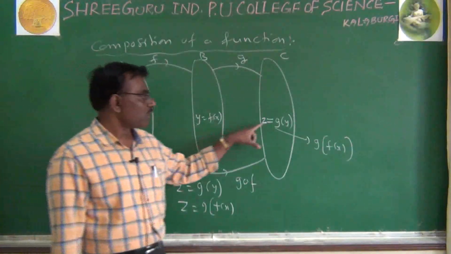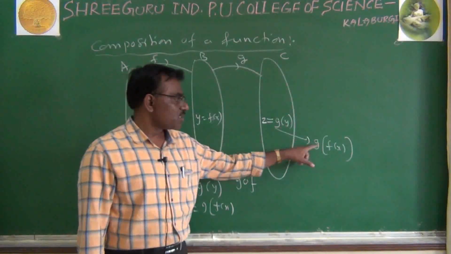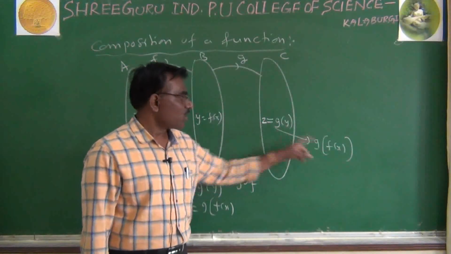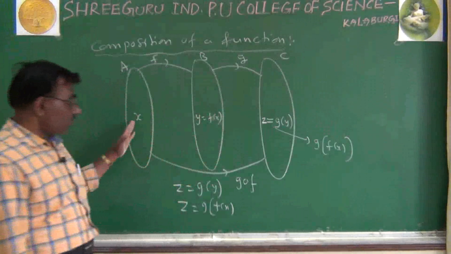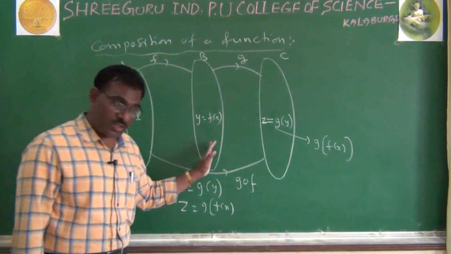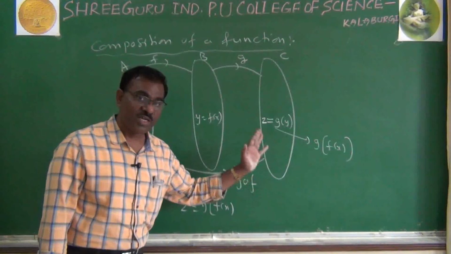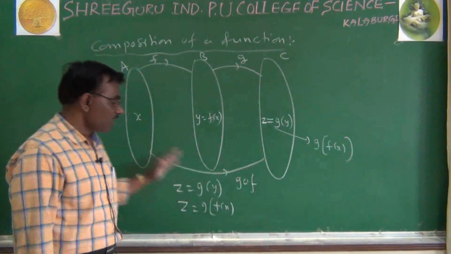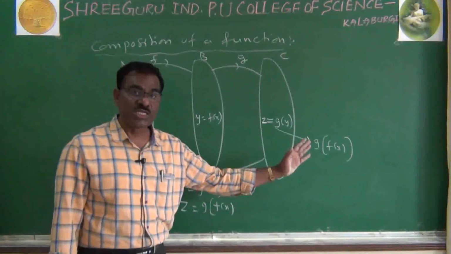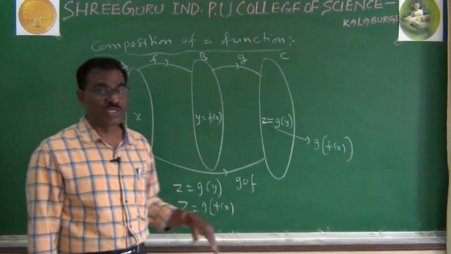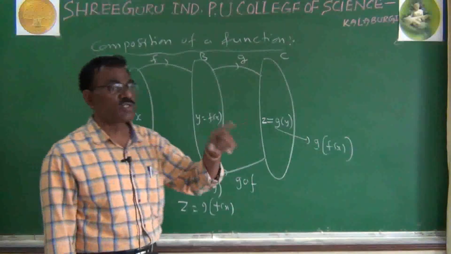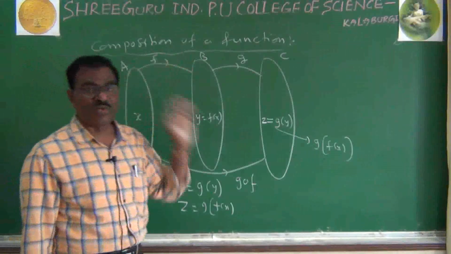But I proved z is g of y, z is g of f of x, z is also a function of x. y is a function of x, z is also a function of x. When you get z as a function of x, automatically the mapping from A to C is called a composition function.